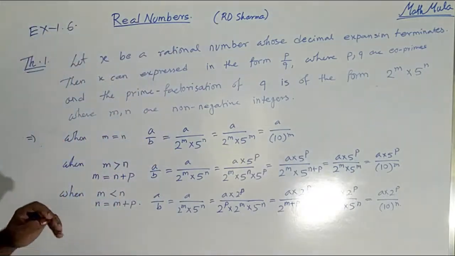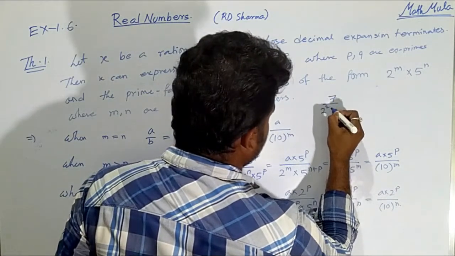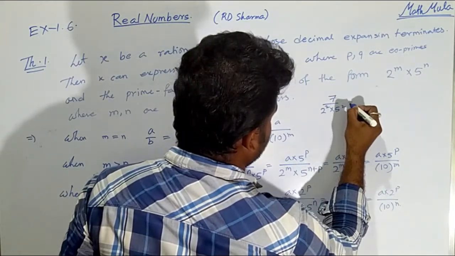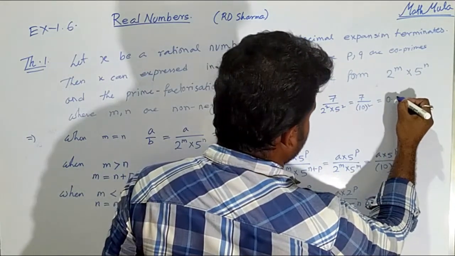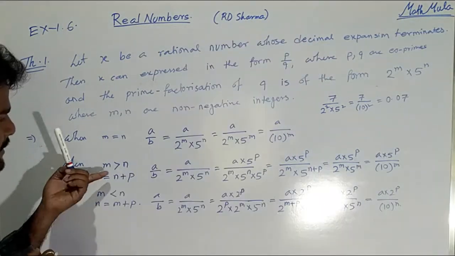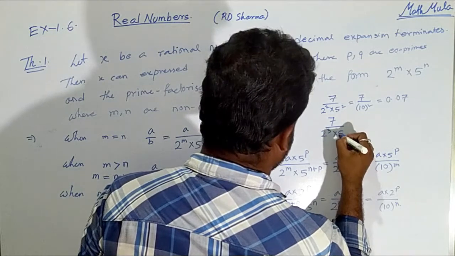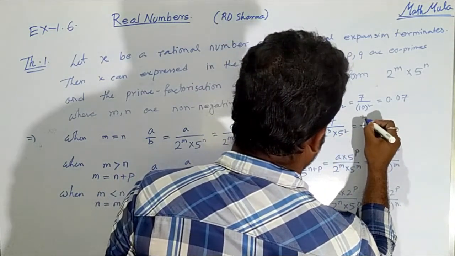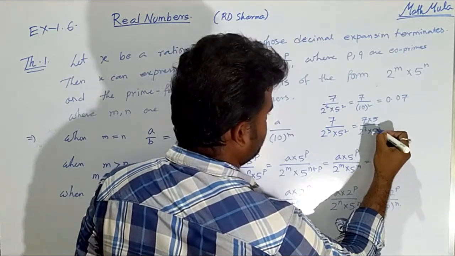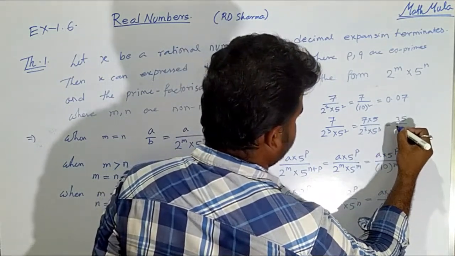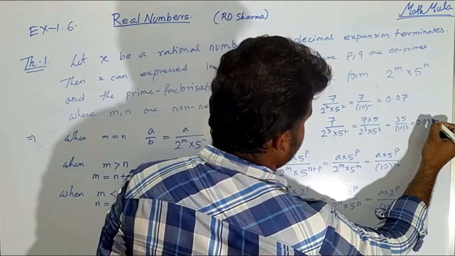That's it. Now for example, if m equals n, that means 7 by 2 square into 5 square, then it will be 7 by 10 square. The decimal expansion will be 0.07. When m is greater than n, 7 by 2 cube into 5 square, we can write 7 into 5 by 2 cube into 5 cube, that is 35 by 10 cube, that means 0.035.